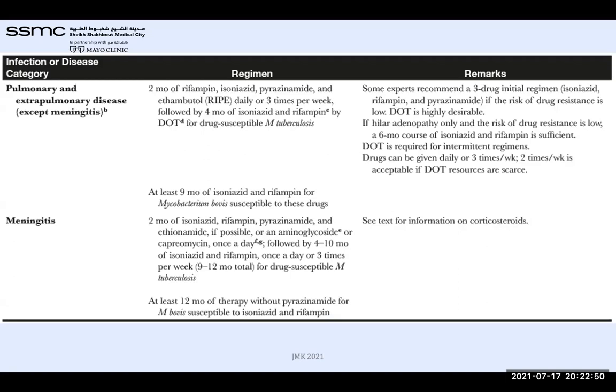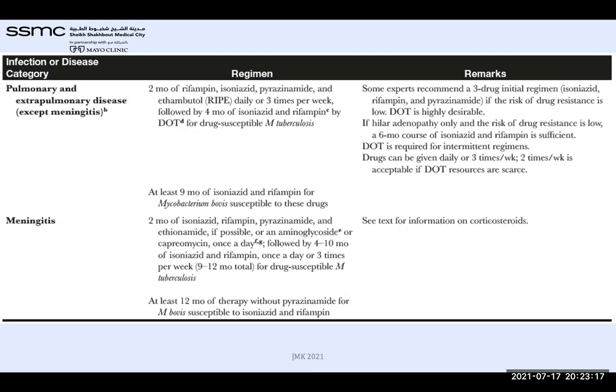If we suspect pulmonary and extrapulmonary disease except meningitis, then this is the regime: 2 months of rifampin, INH, pyrazinamide, and ethambutol. We call it RIPE, daily or 3 times per week, followed by 4 months of INH and rifampin, for drug-susceptible Mycobacterium tuberculosis.